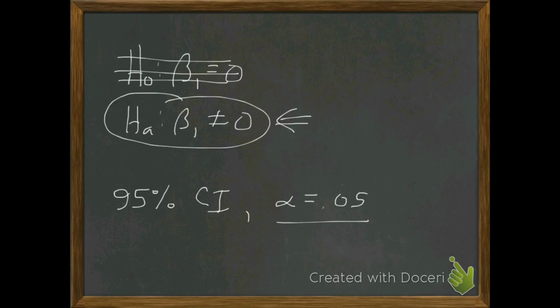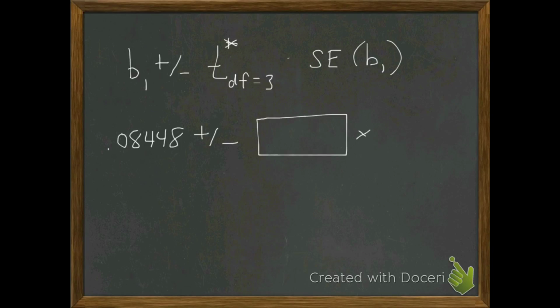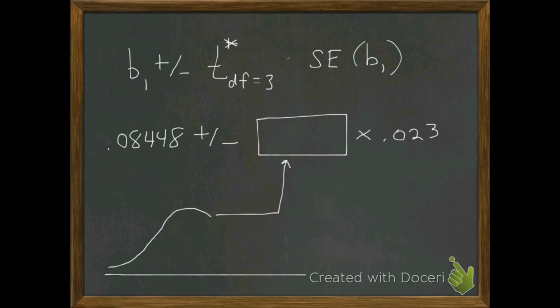Now, in the t distribution, we need to find the t criticals that encompass the middle 95% of our distribution. So we just need to find what has 0.025 to the left of it. That'll give us our negative, and because of symmetry, our positive.